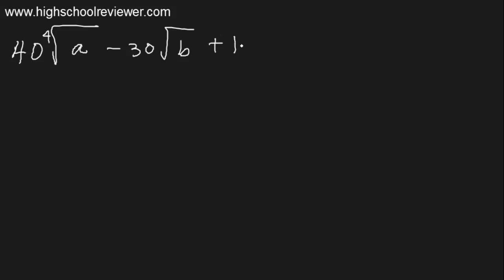Okay, our next problem, we will have 40 and the fourth root of a minus 30 and the square root of b plus 18 and the fourth root of a plus 15 and the square root of b.